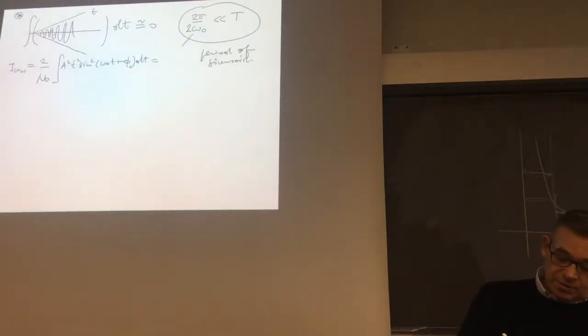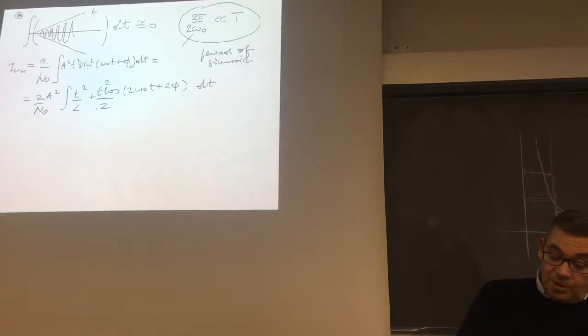So this one is equal to 2 times A squared over N0, and then I have the integral of t squared divided by 2, plus cosine of 2 omega 0 t plus 2 times phi, multiplied by t squared divided by 2, dt.